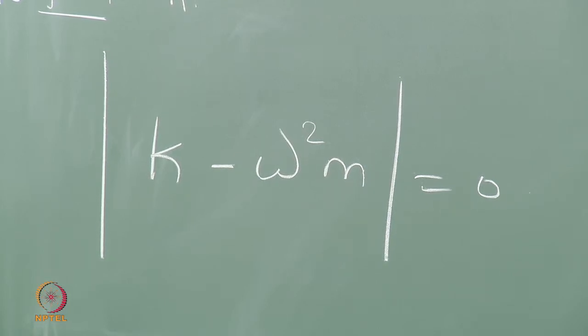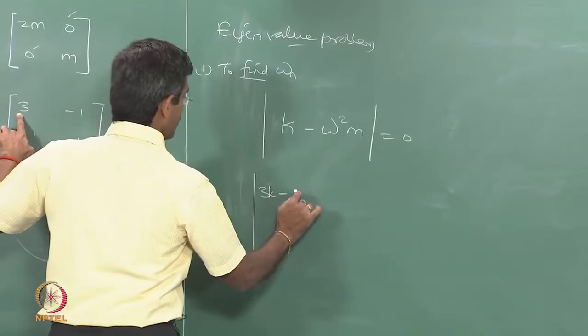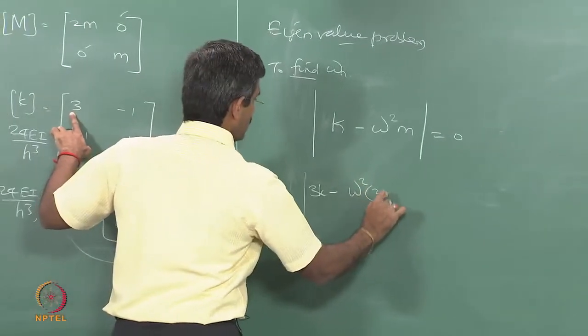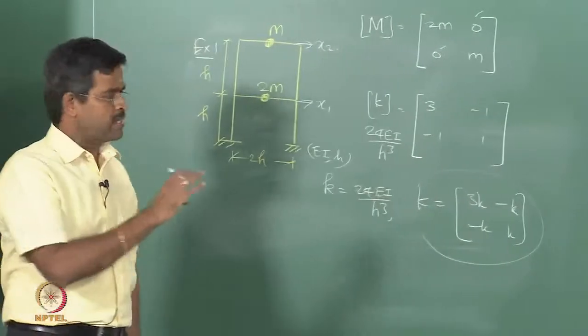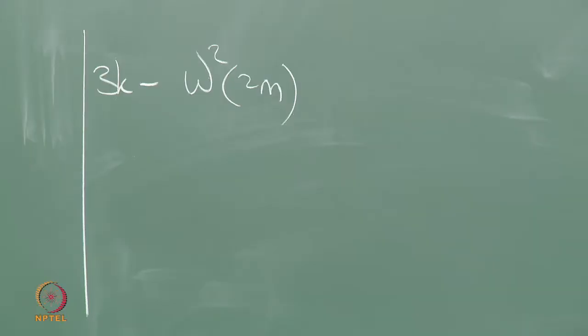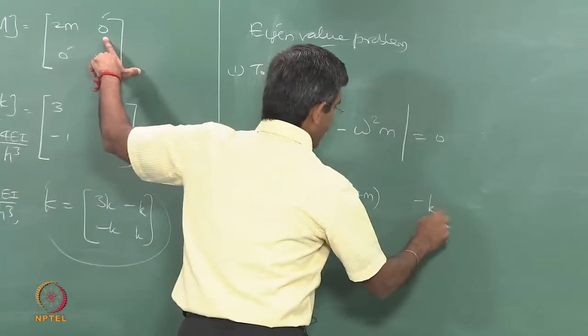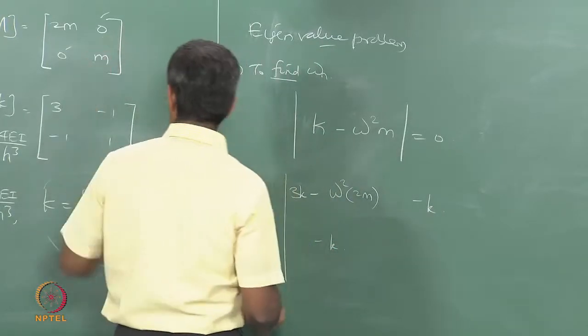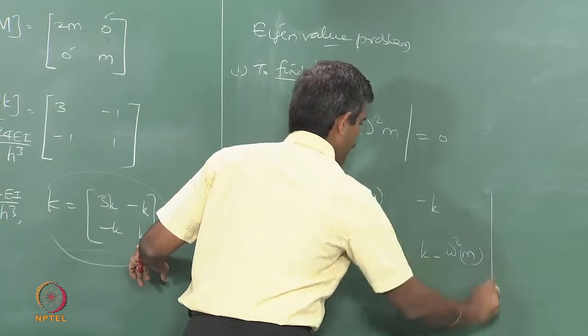So, let us do that here. Determinant of 3k minus omega square 2m, I am substituting the k and m values respectively in the respective slots. The off-diagonal mass is 0 here, therefore, it is minus k, and k minus omega square m, and set it to 0.